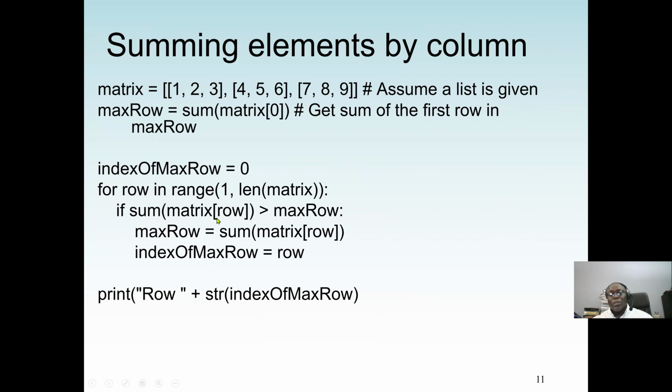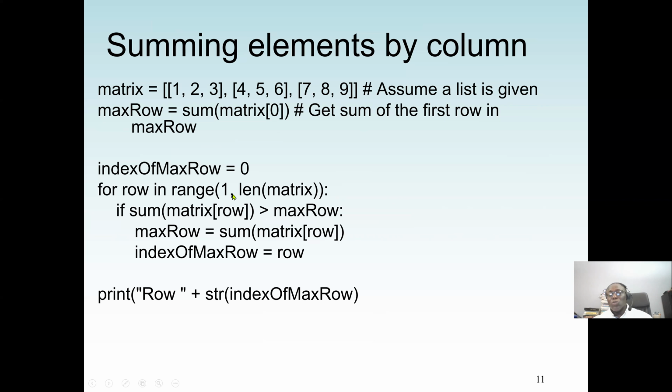But this time, you can see that again, we have the items, we have the function for summing, and this will get the sum of the first row, say matrix 0. So the index of the max row is 0.